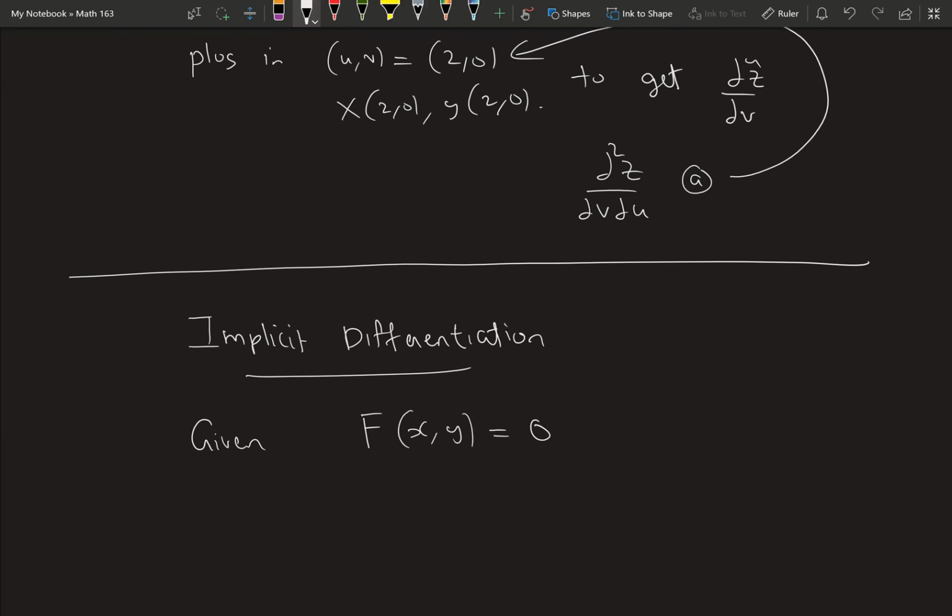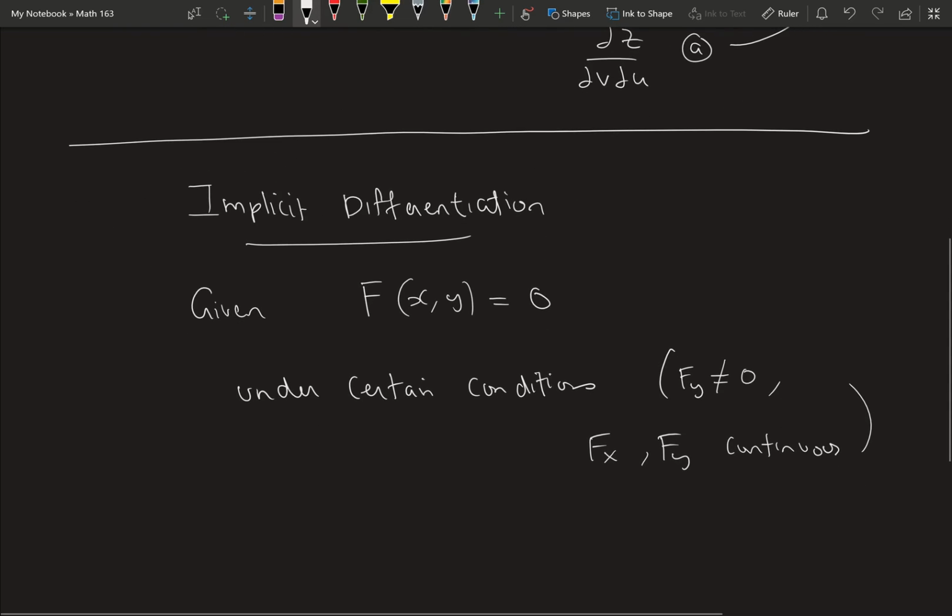so it turns out that under certain conditions, and those conditions essentially are the partial derivative in y should not be 0, and the partial derivatives in the x and y direction should be continuous.